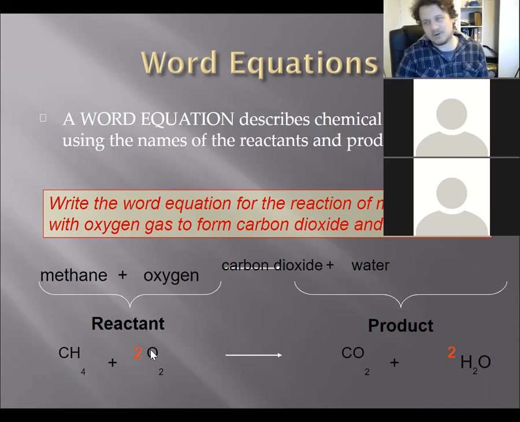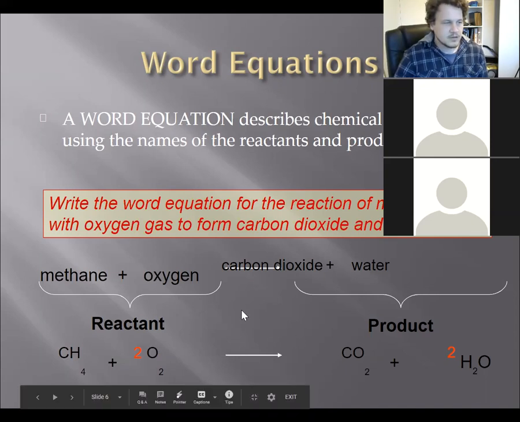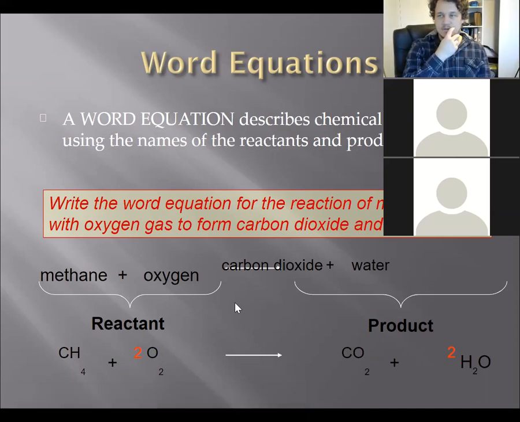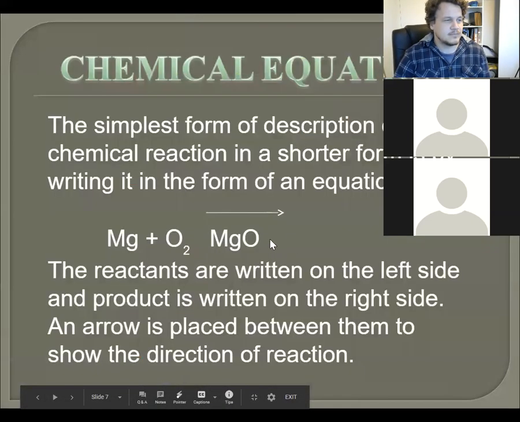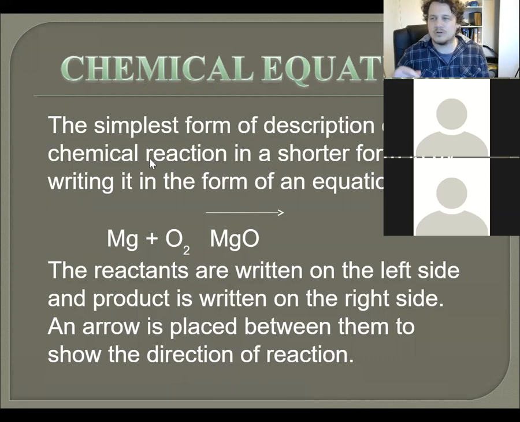This balancing of equations is really, really important. I can't have 2 plus 2 equals 5. Doesn't work. Same thing in chemistry. And this is what we call the chemical equation.